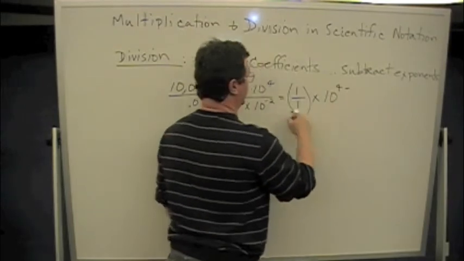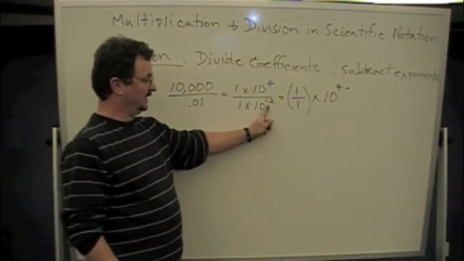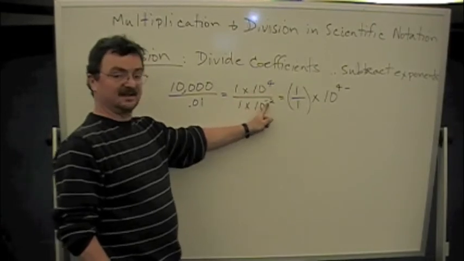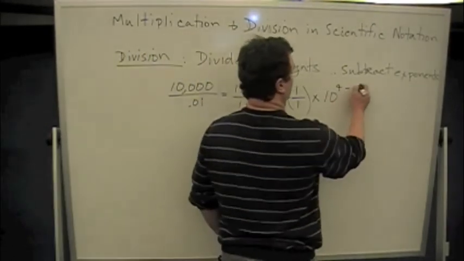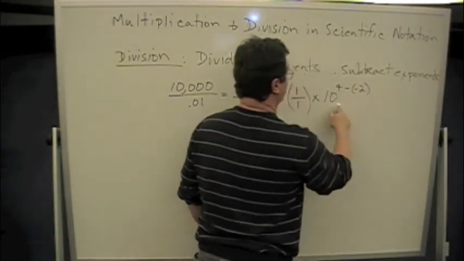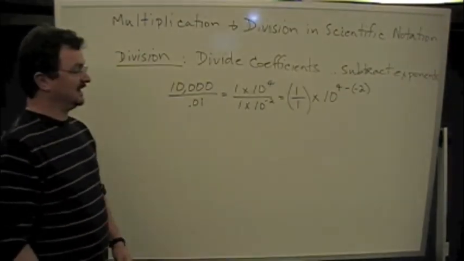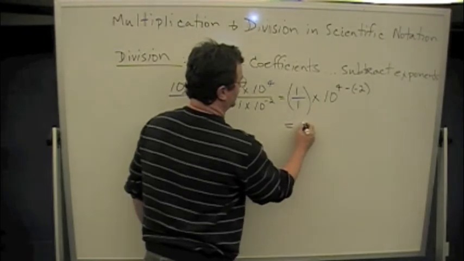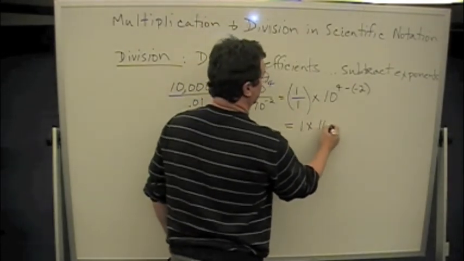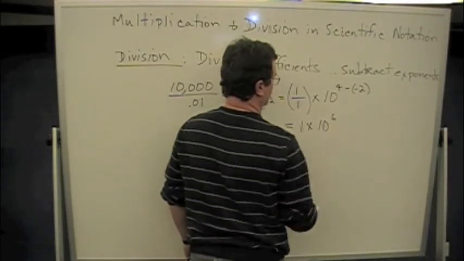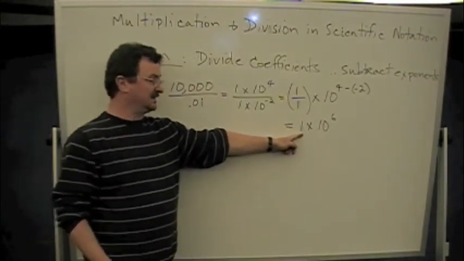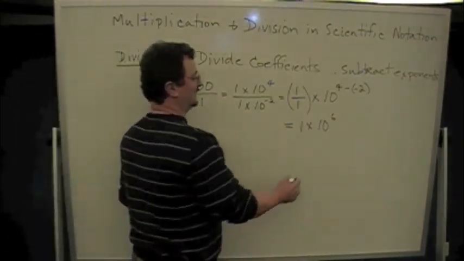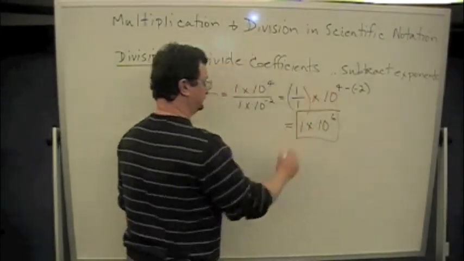It's 4 minus what? Well, you don't have a 2 on the bottom, you have a negative 2. So this is 4 minus a negative 2, which is the same as 4 plus 2. So your answer is 1 times 10 to the 6th. So you need 1,000,000 pennies to make $10,000. And there's your answer.